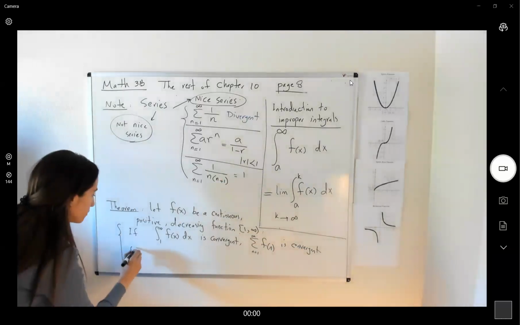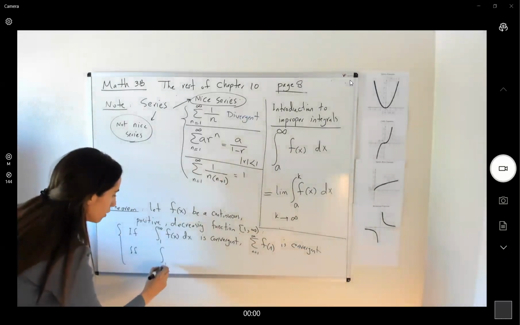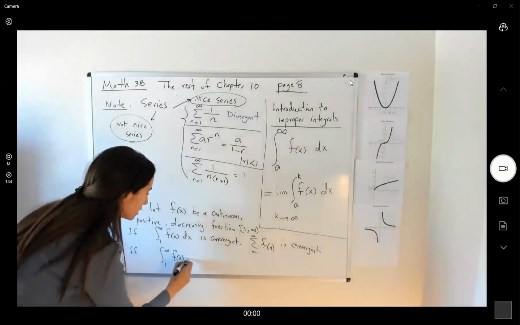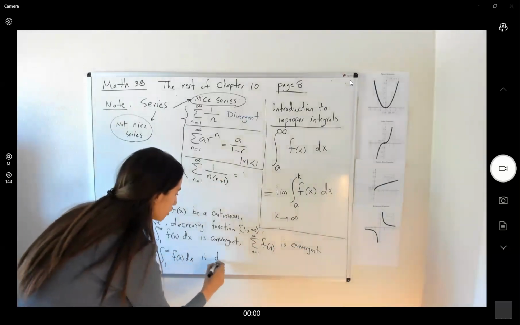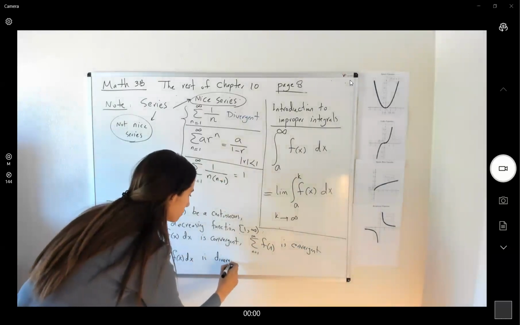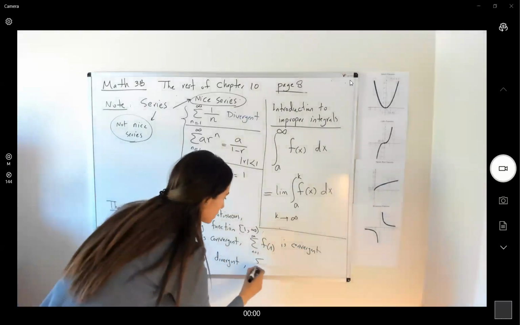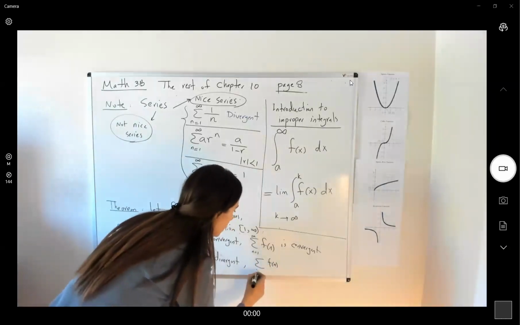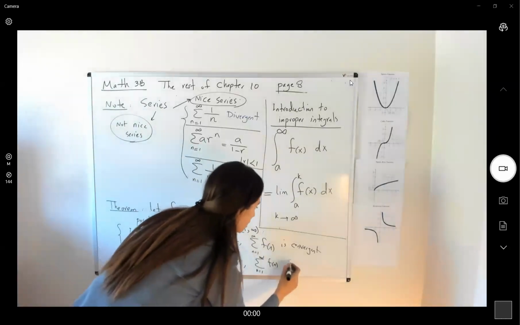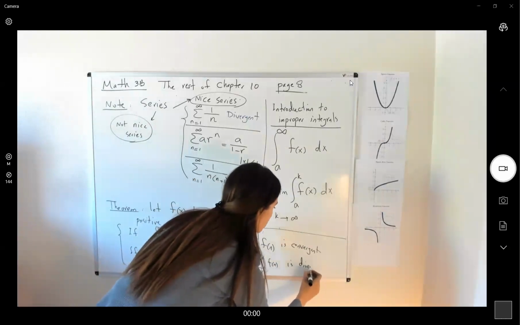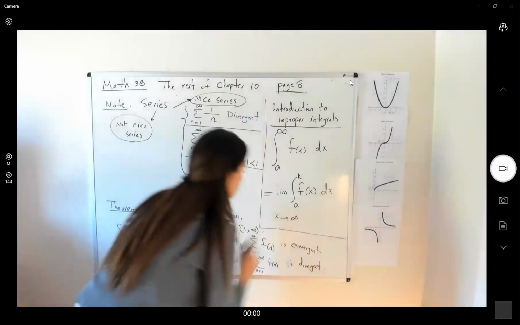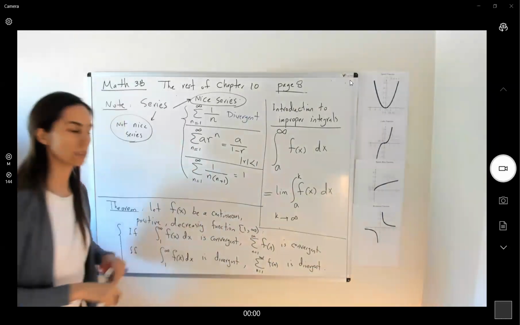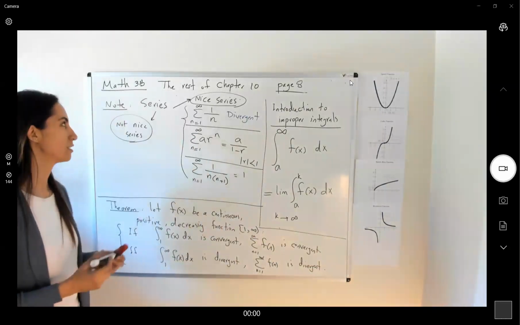And if your improper integral from 1 to infinity of f of x dx is divergent, then its equivalent series, n from 1 to infinity, is divergent. Important theorem to deal with not nice series.